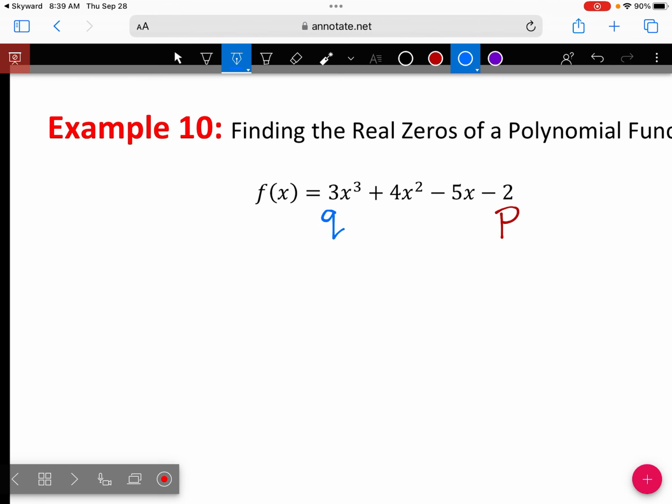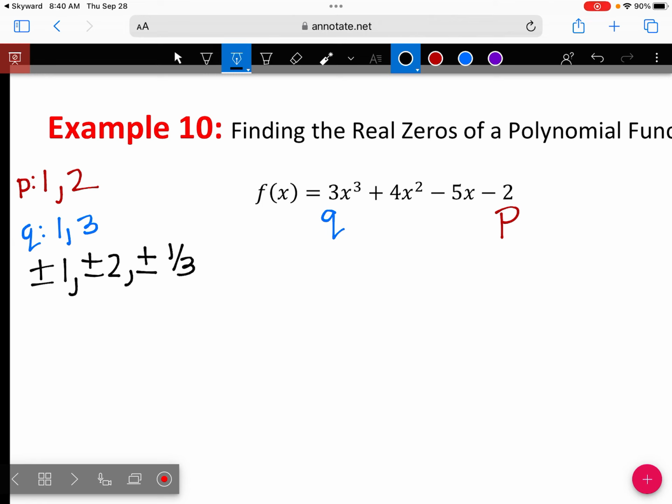All right, so for my factors of P, that would be 1 and 2. And my factors of Q are just 1 and 3. So my possibilities are plus and minus 1, plus and minus 2, plus and minus 1/3, and plus and minus 2/3.